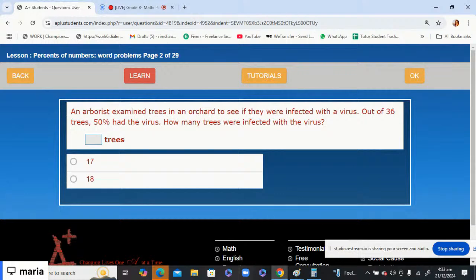Solve it, you guys, and then tell me the answer. This is the same way that you are doing in the previous question. Whole is given, part is missing, and now the percentage over 100. Okay.